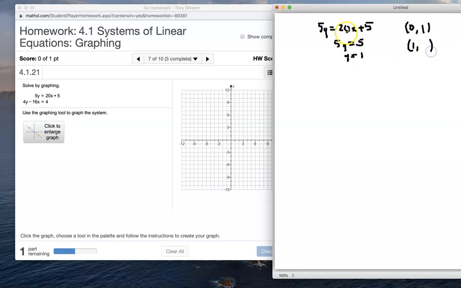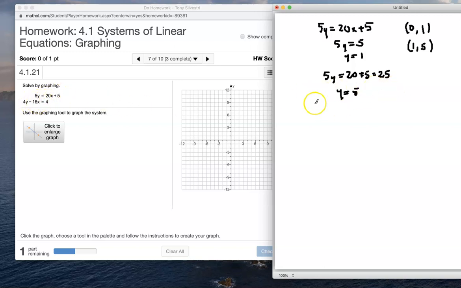If x is 1, I'm plugging in 1. 5y equals 20 times 1 is 20, plus 5 is 25. And if I divide by 5, 25 divided by 5 is 5, so that's the corresponding 5. Yay. There it is. That's one line right there.